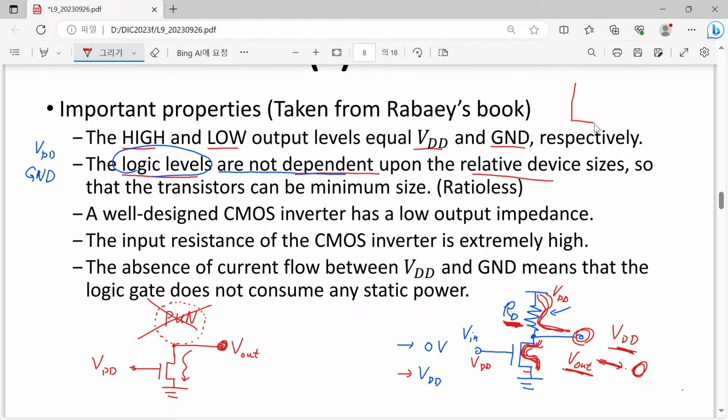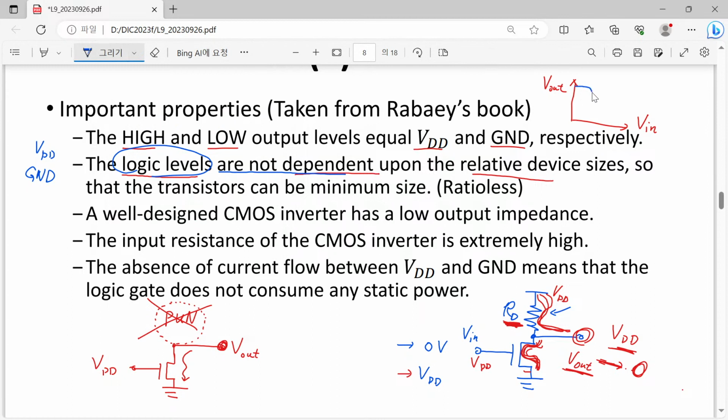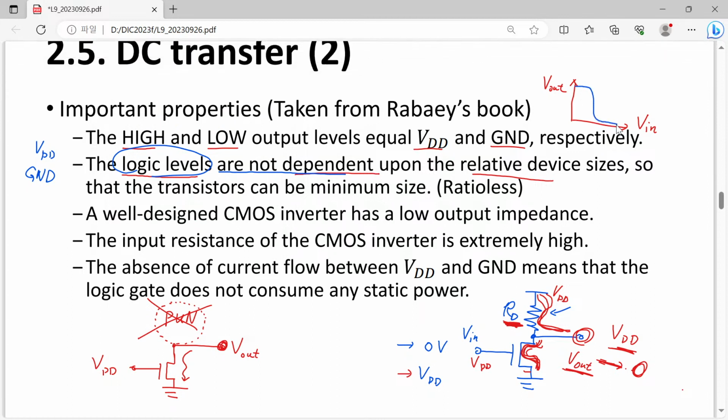So simply speaking, when we draw our voltage transfer curve once again, V in, then for the ideal CMOS inverter, we have this kind of behavior. At least these 2 points are fixed.